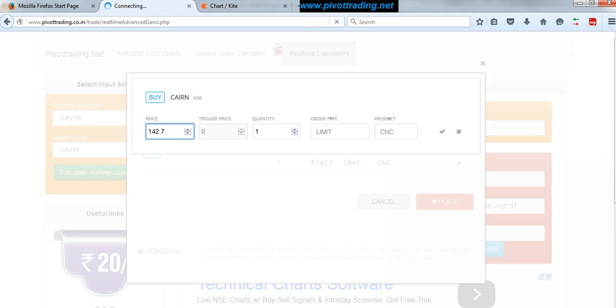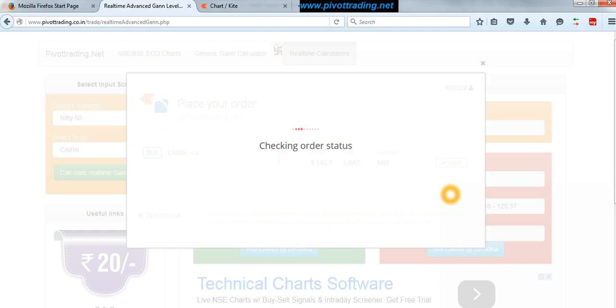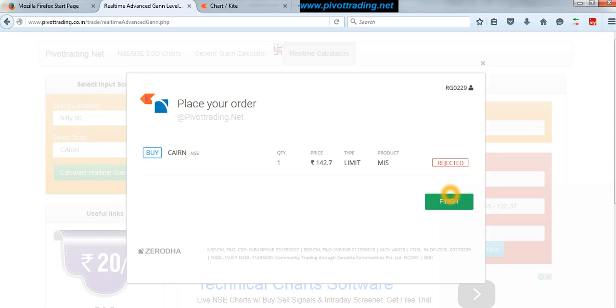Here I change it to intraday. This is done, and I place an order. Since the market is closed, it is definitely going to reject the order, but let's see what it shows. Exactly, it's rejected. Auto square off block. It means the market is closed for the square off now.